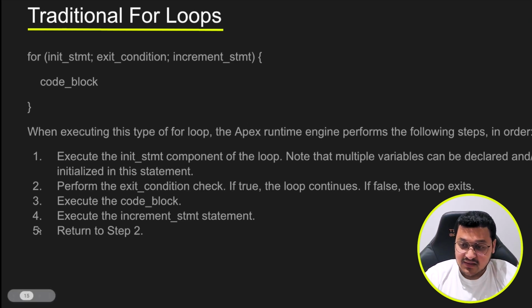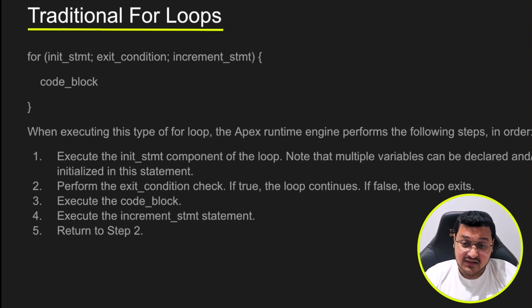So basically step 1 will happen, then it will go to step 5, and then it will come back to step 2. Check if the condition is still true. If it is true, it will execute 3, 4, 5, go back to step 2, check the condition, and it will keep on doing that until the condition turns out to be false, and that's when it exits the loop and stops executing that code block.